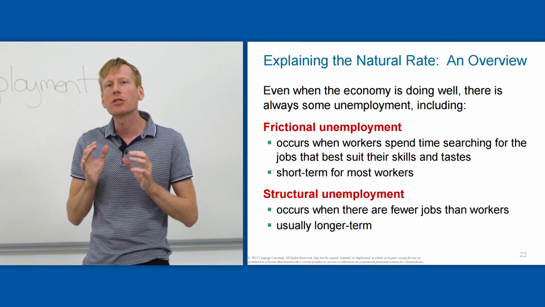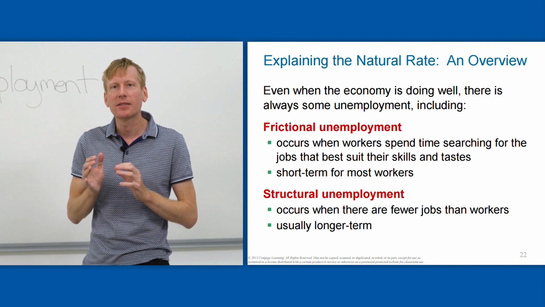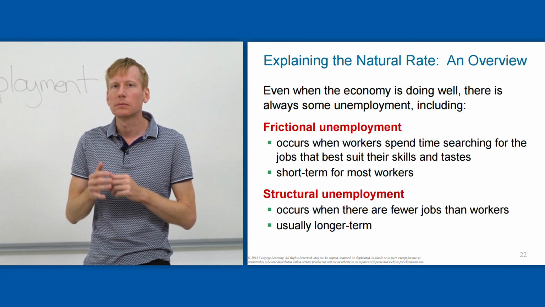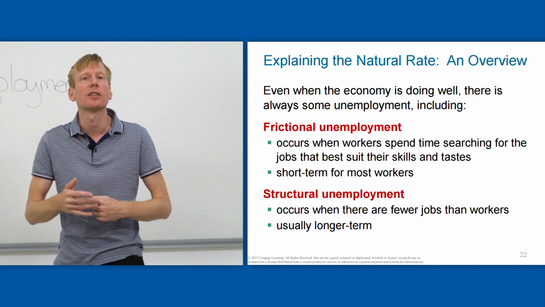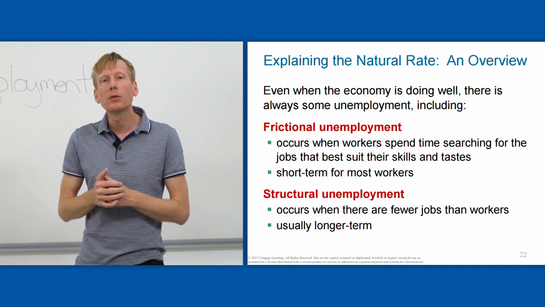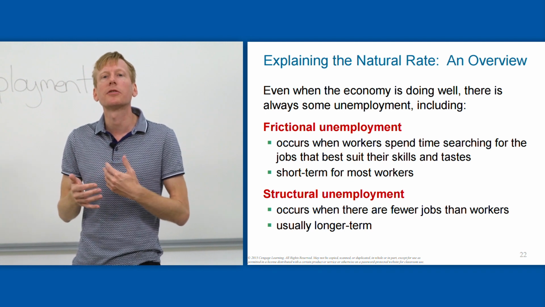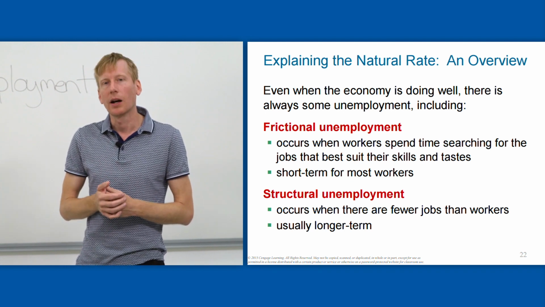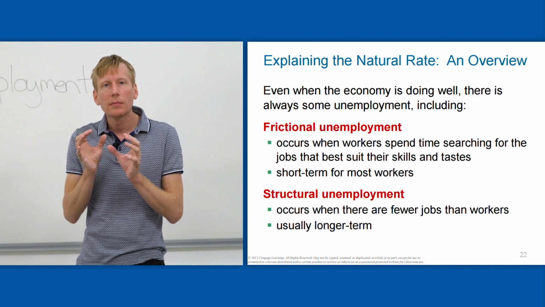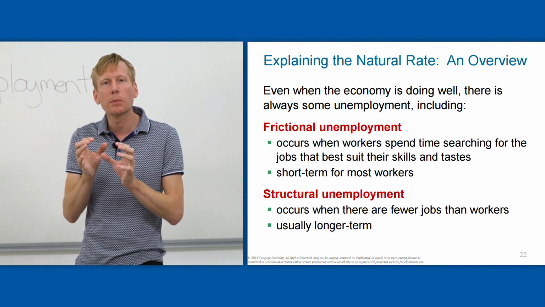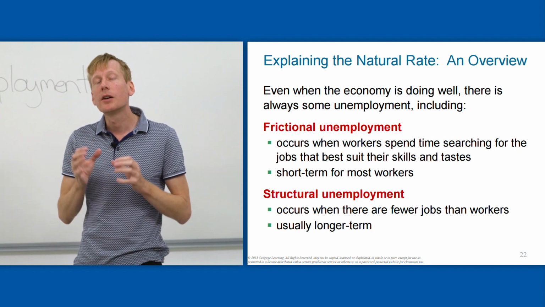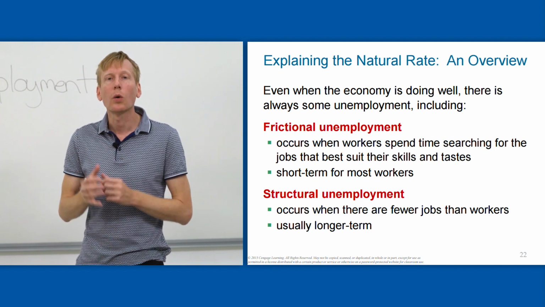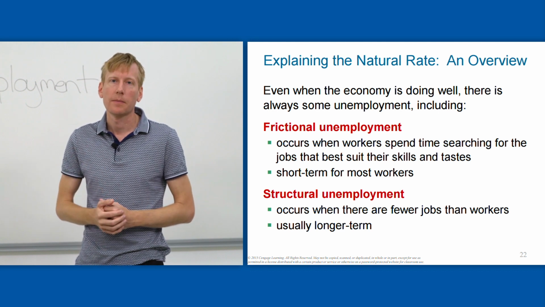Now, the natural rate of unemployment has determinants as well that aren't due to economic fluctuations like the business cycle, like cyclical unemployment, but due to simply the way the labor market functions. We can describe different types of unemployment within that natural rate as being either frictional or structural.